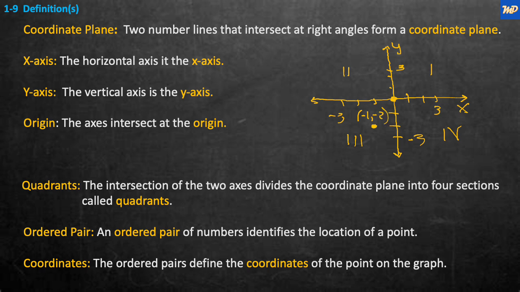There's an ordered pair. You all know what ordered pairs are. Ordered pairs of numbers define that point right there. And the ordered pairs define the coordinates. So when they talk about the coordinate of the point on your graph, the ordered pair is that definition.